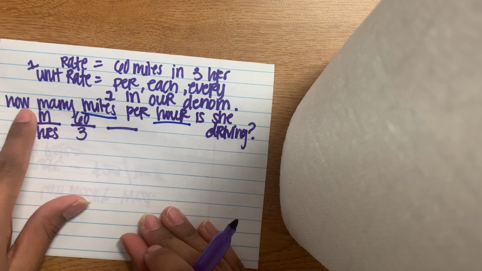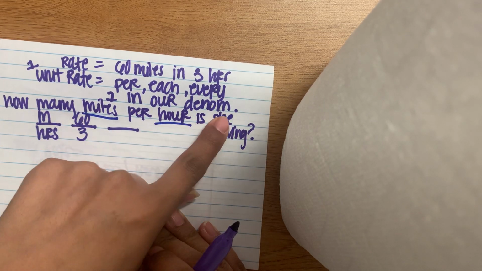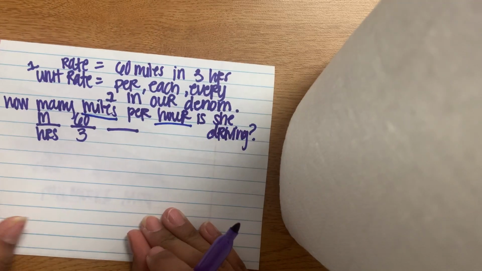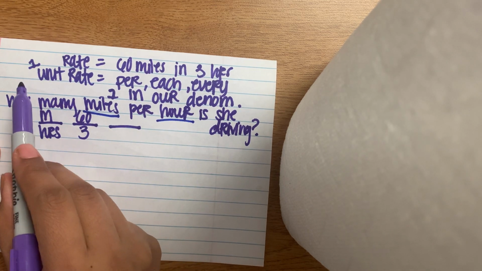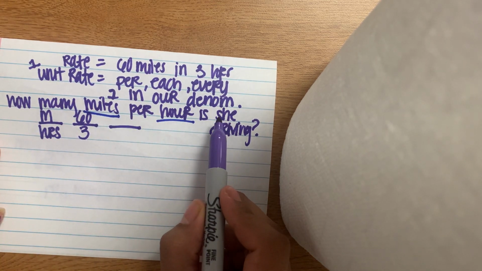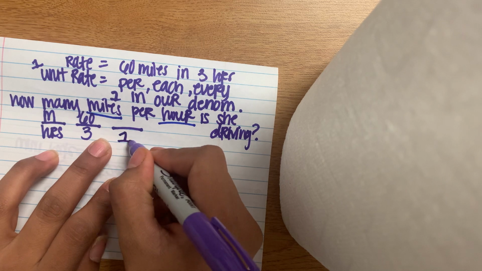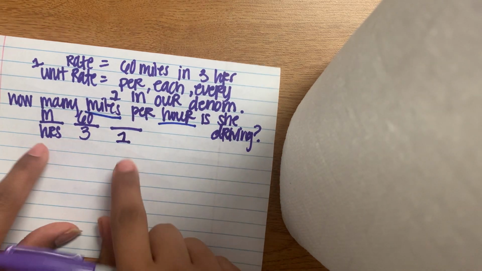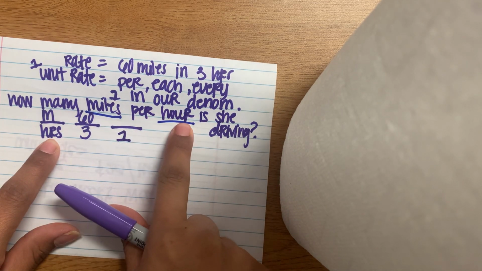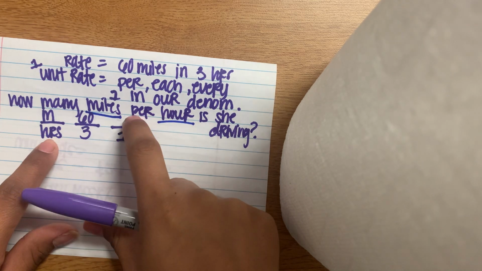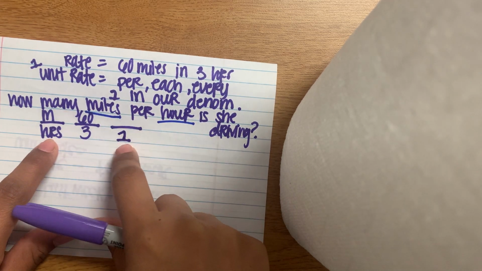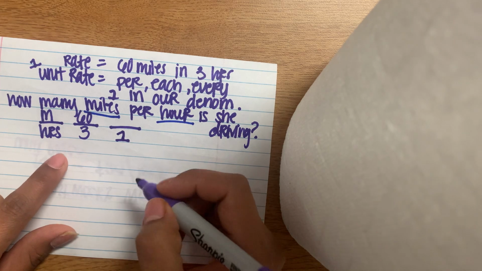Now I am wanting to know how many miles per hour is she driving. So remember we said our 1 is always in our denominator. So I know my 1 needs to go here. And I know this is true because my hours comes second. So here at the top I should have miles and hours. So I know my proportion is set up right.